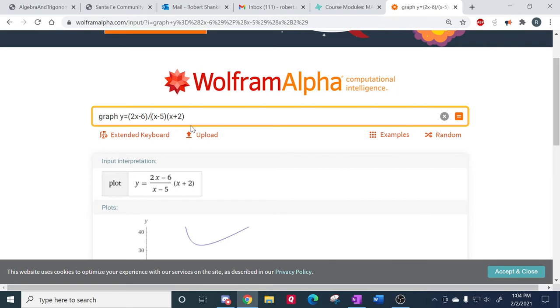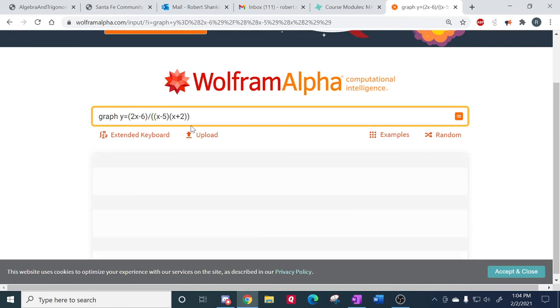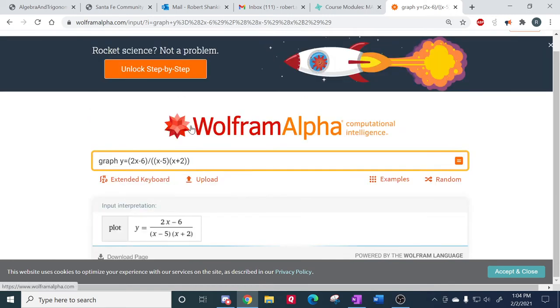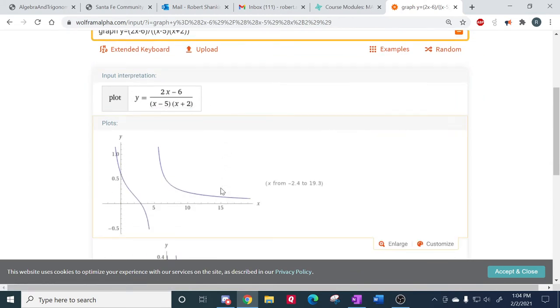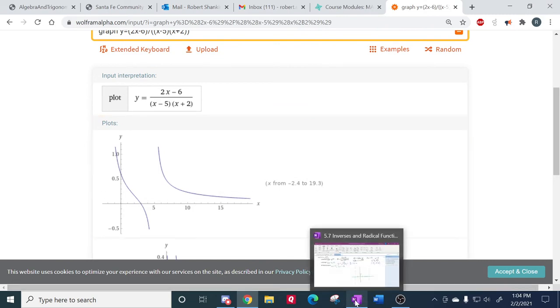So I'm going to need an extra parenthesis. Notice how it only put the first one in the denominator and the second one it multiplied. Now that's showing me how it interpreted it. And let's see how that matches.